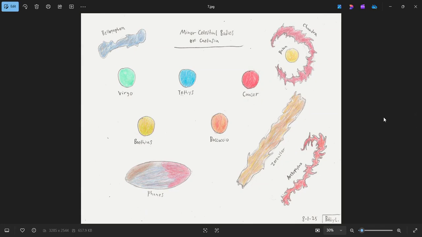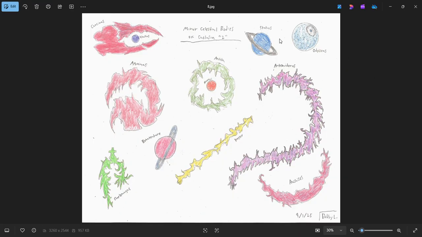The inner cosmos also contains a variety of other celestial bodies, including dwarf spheres and other bizarre celestial oddities and structures, as seen here. I have videos going over all of these structures, so if you're interested, please visit my channel and check them out.